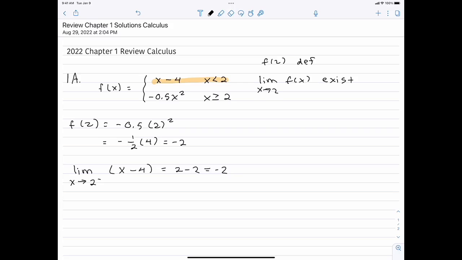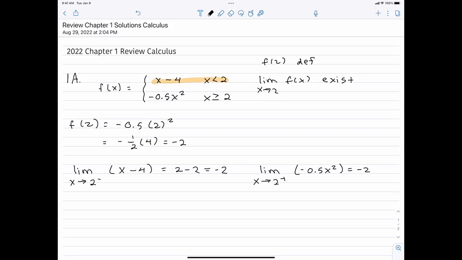And then the question is, what is the limit as x approaches 2 from the right? Well, let's find out. The limit as x approaches 2 from the right of our function, I'm going to be using the negative 0.5x squared. What does that equal? That also equals negative 2.